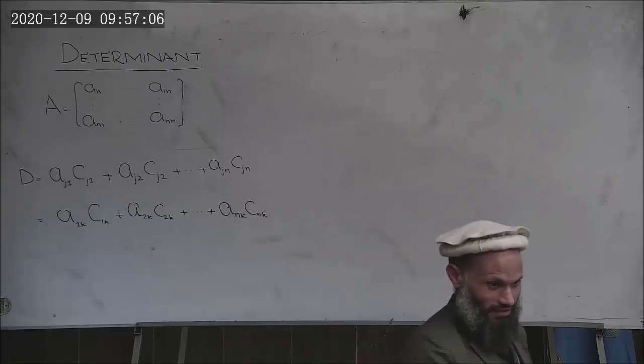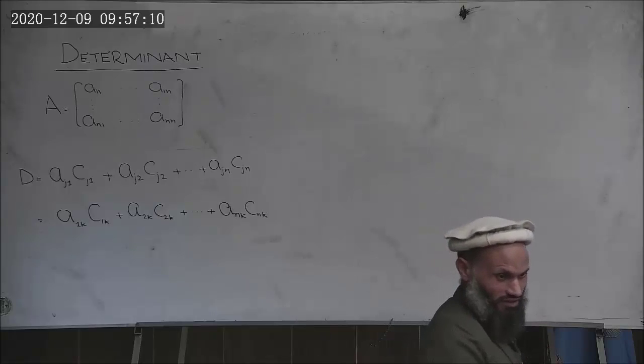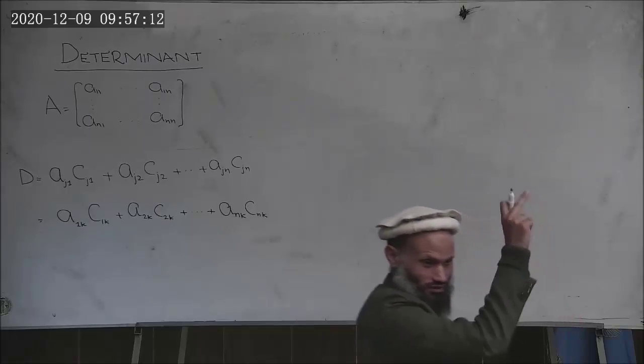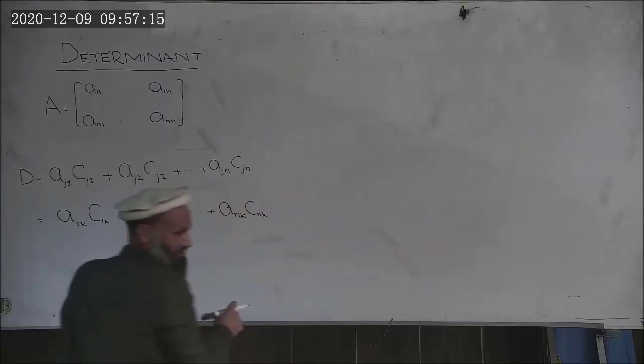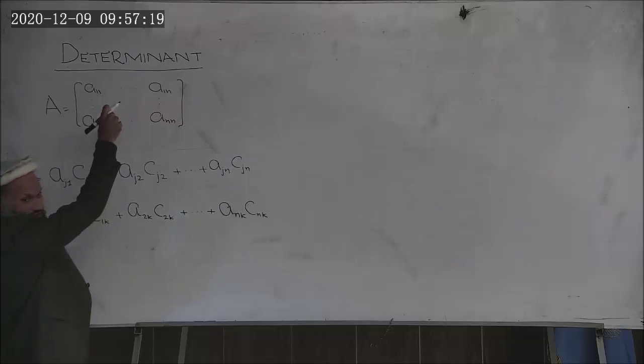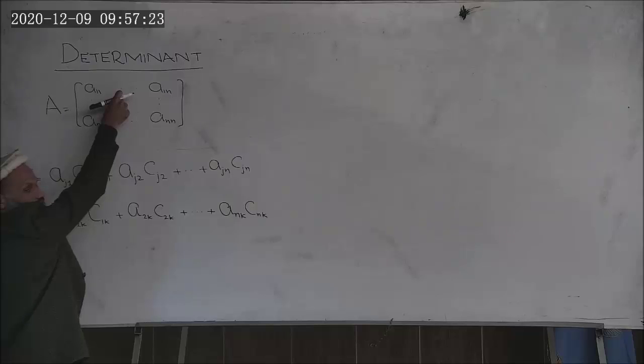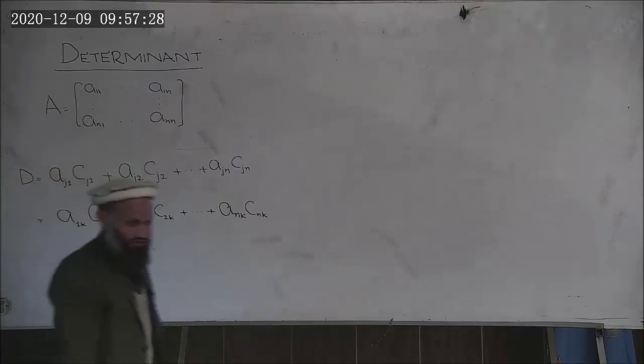These are being added, so just compare it with the situation of the 3 by 3 matrix. There we had this entry multiplied by its cofactor, plus this entry multiplied by its cofactor, plus this entry multiplied by its cofactor.